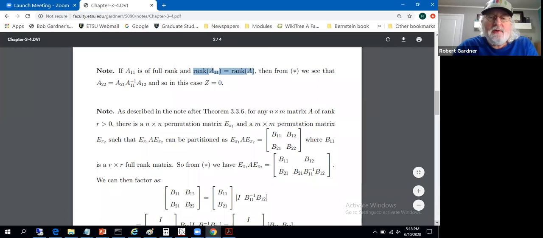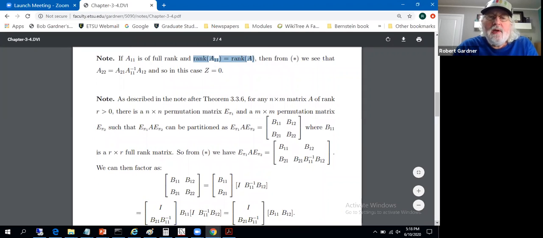All right, so now we're going to look at more general matrices and the idea of permuting rows and columns, which can be done with multiplication by products of elementary matrices, actually by permutation matrices.